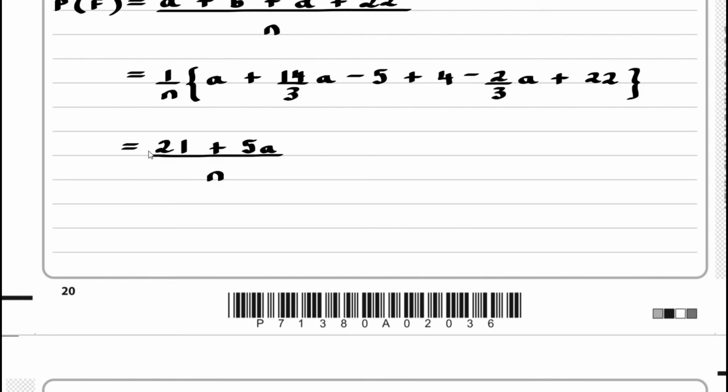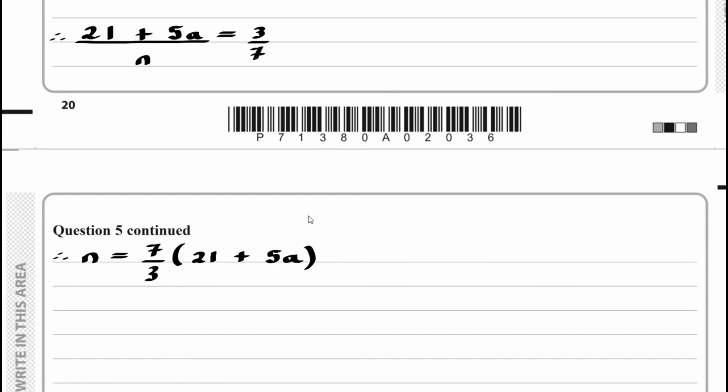And if I simplify this, I get 21 plus 5A over n. That's the probability of f, and I set this equal to 3/7. And therefore n is equal to 7/3 multiplied by 21 plus 5A.